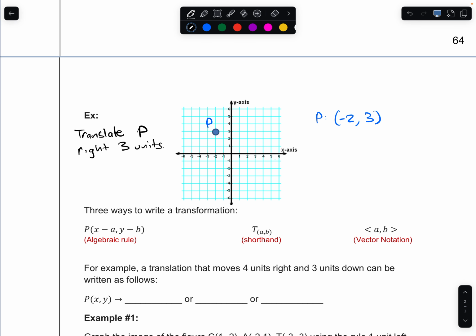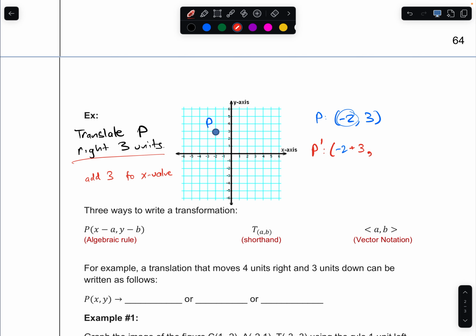So same thing. We could visualize on the graph where P prime should be. I'm not going to write it yet. I'm going to use my algebraic rule. If I'm moving to the right, that means that I need to add 3 to the X value, right? So I'm going to take this original X value from the pre-image. I'm going to add 3 to it.